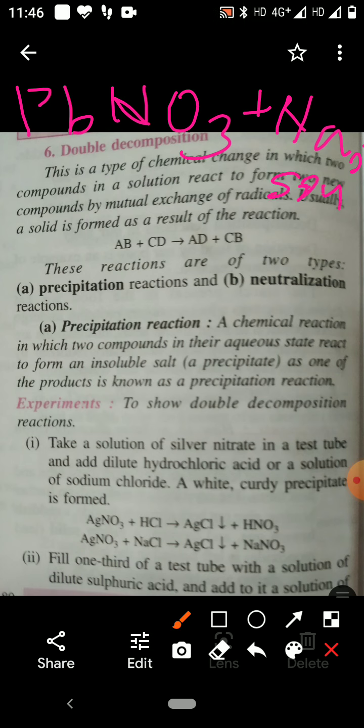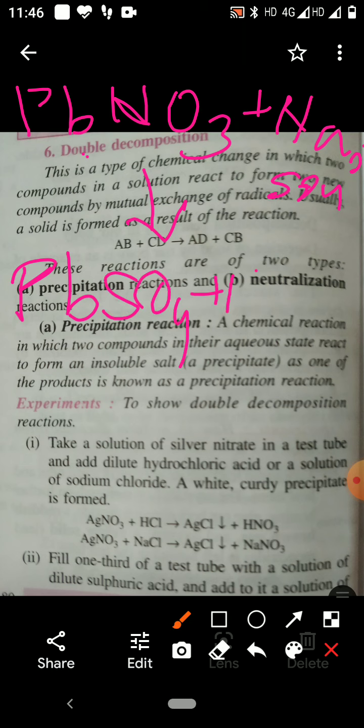When there is the reaction, lead nitrate breaks into lead and nitrate. Sodium sulfate breaks into sodium and sulfate. Now there is mutual exchange of the radicals. Therefore, the products formed are lead sulfate and sodium nitrate.